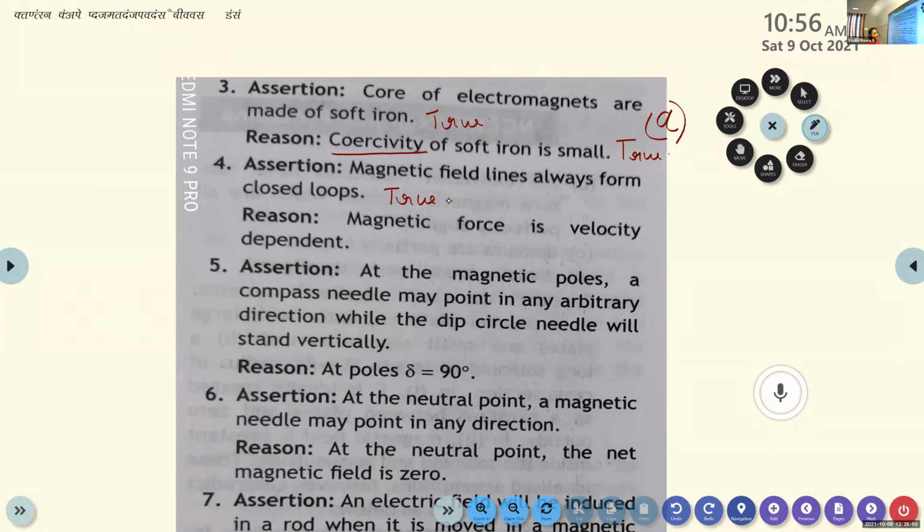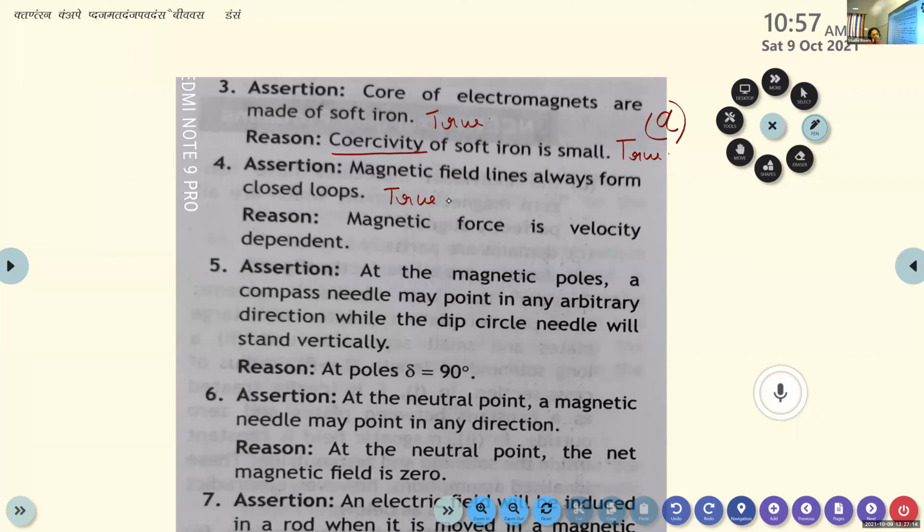What do you think? Magnetic force is velocity dependent or velocity independent? How do magnetic forces originate? Punya, what do you think? Magnetic force is velocity dependent.